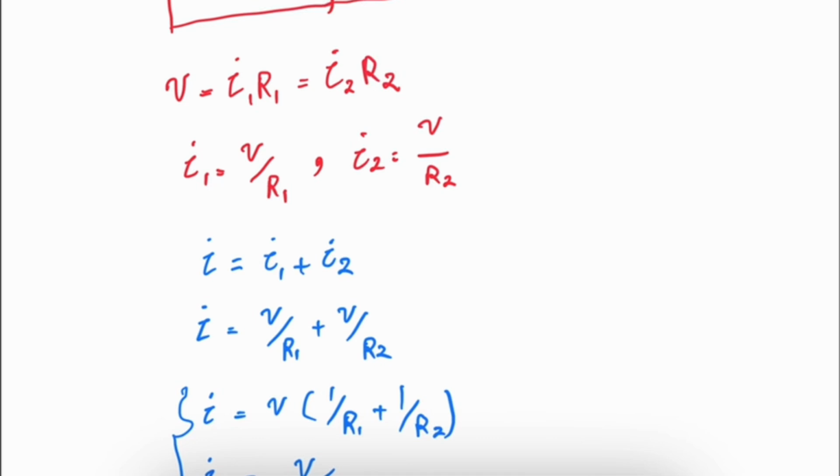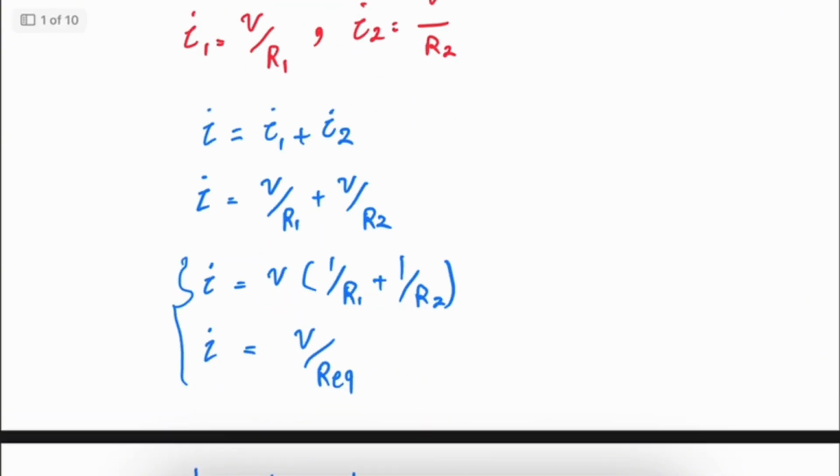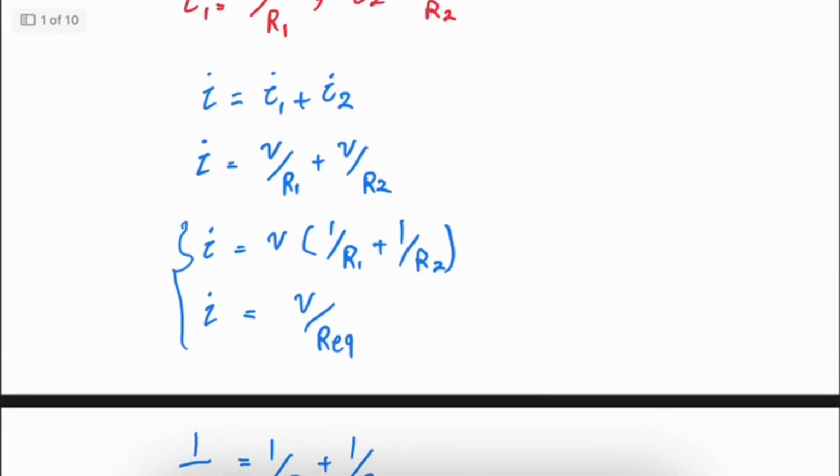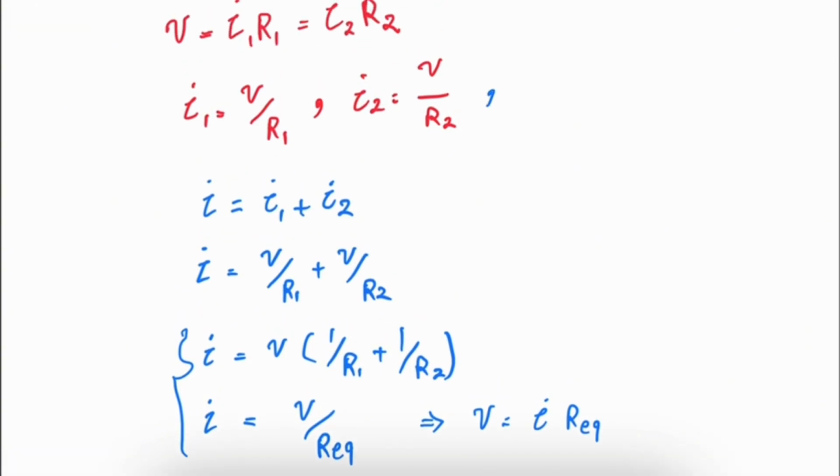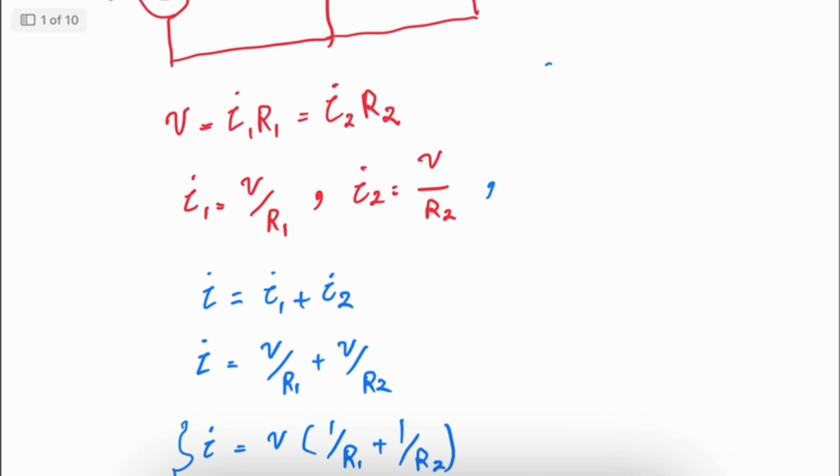Since each branch has the same voltage V, and V is equal to I times R equivalent, we can find I1.